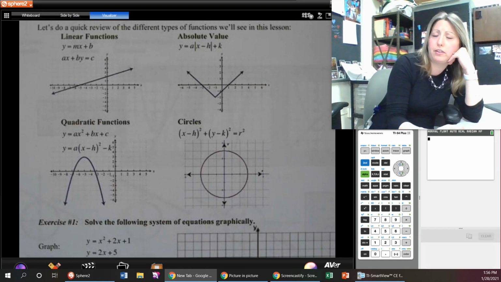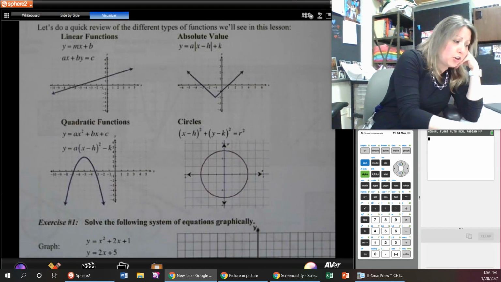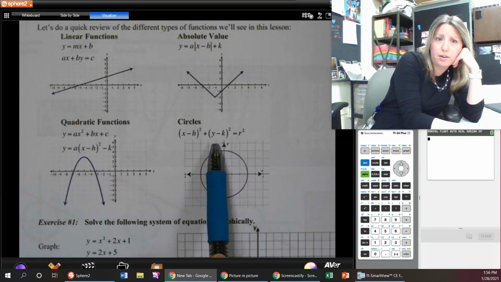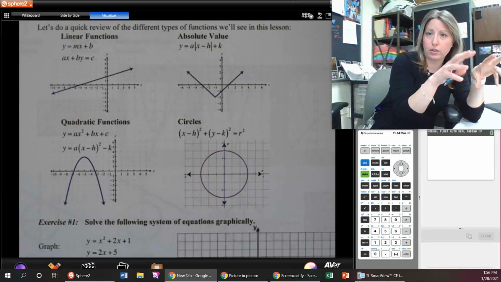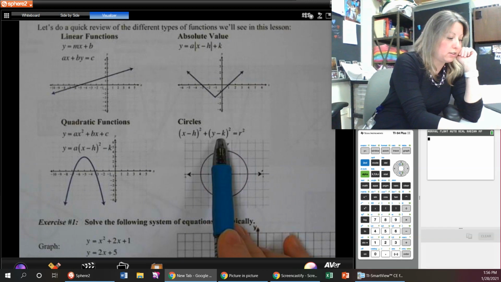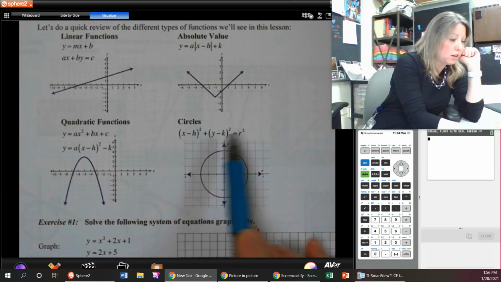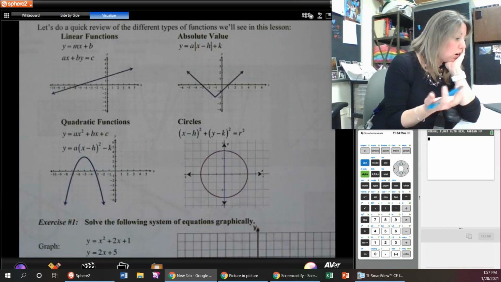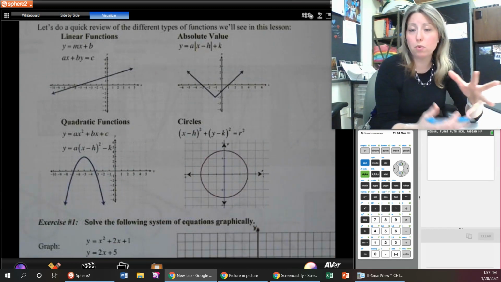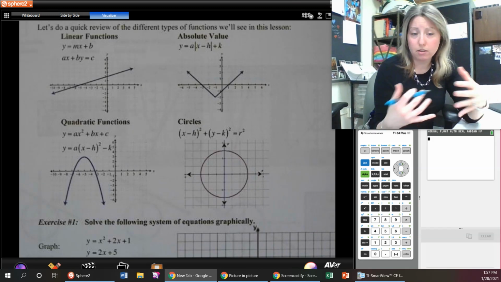A circle will be fairly obvious in that there'll also be a y squared. And this, of course, is the circle equation with a center. You pull the center out of these two values, opposite signs, and you take the square root of this value, and that gives you your radius. So that one will be pretty obvious when you get to that.